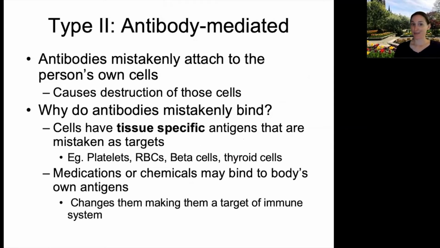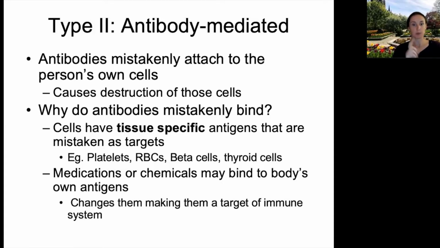Moving on to type 2. This is antibody mediated. Antibodies mistakenly attach to the person's own cells, which causes destruction of those cells. So why do antibodies mistakenly bind to their own cells? Well, cells have a tissue-specific antigen that, for some reason, is mistaken as a target by our antibodies.